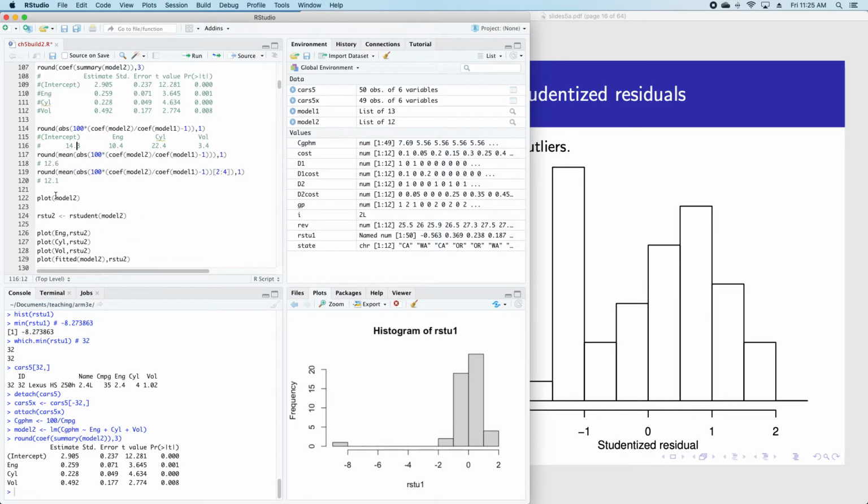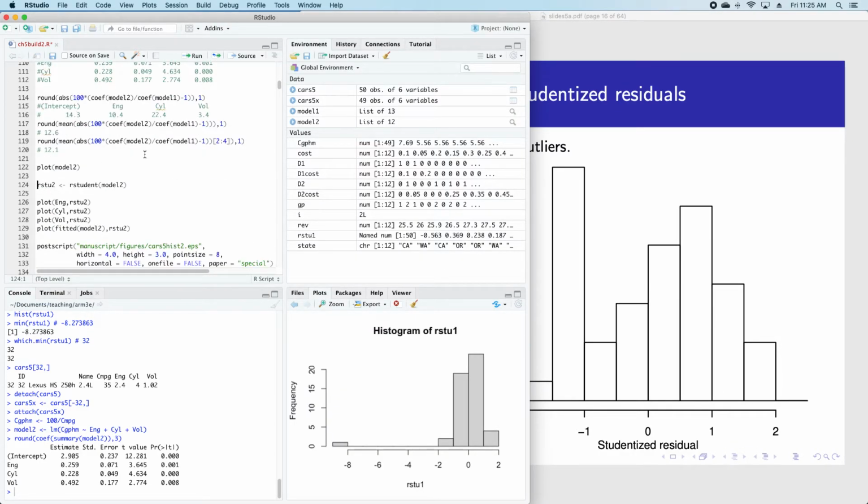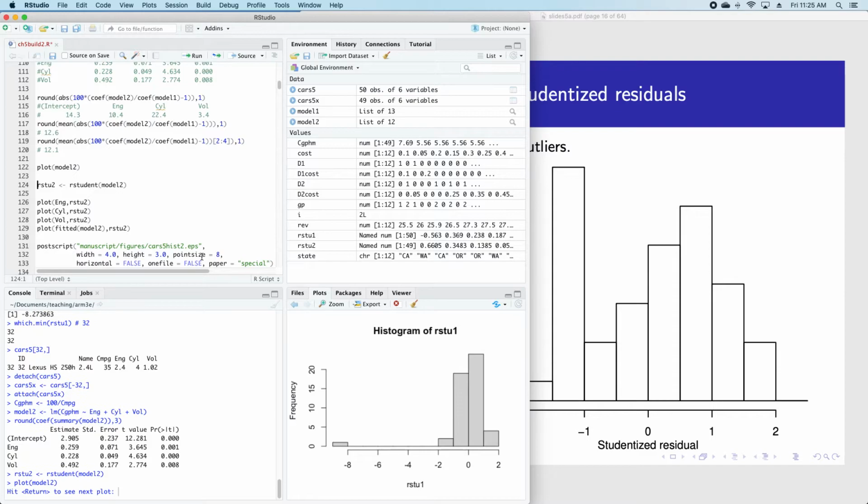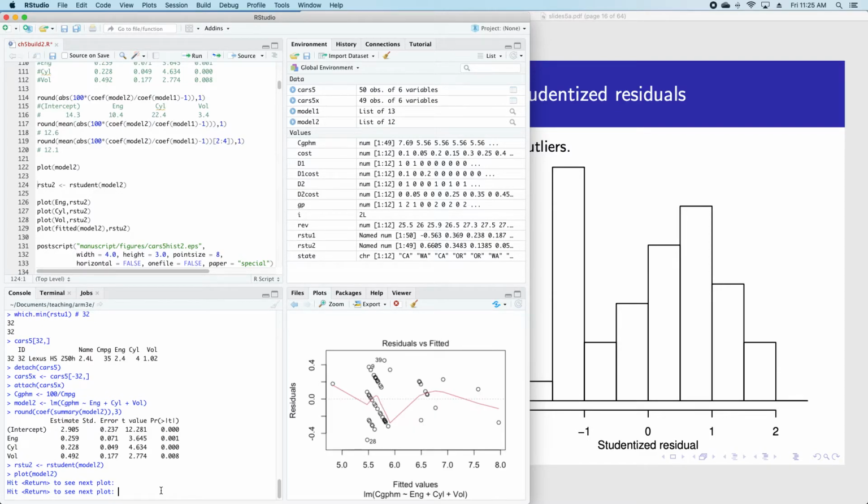Let's calculate the studentized residuals again, and look at the residuals versus fitted values again. This is for the model that excludes that Lexus, and now we don't have a point with a really extreme residual.